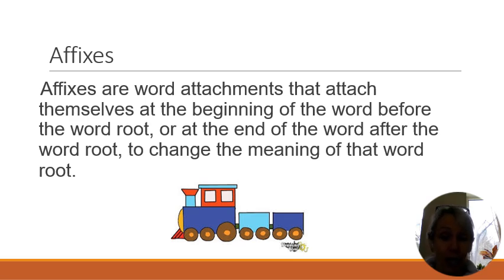So the middle part could be seen as the word root frost. We can add a beginning to it, which would be the engine in the front of the train, or we could add an ending to it, which would be the caboose at the back of the train. We are building on the word frost with our affixes. Now these affixes will change the meaning of the word.